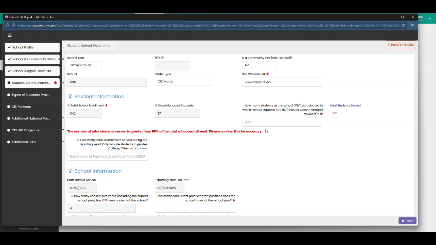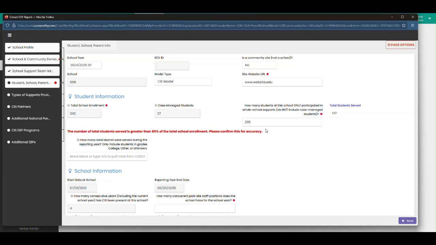For any individual tier 1 support, there's going to be some students who miss it, some students who are absent, right? So they've unfortunately put a threshold in here for if you're reporting more than 80% of your total enrollment served with tier 1 supports, it's going to give you this flag and it's just going to make sure that you know that we need to be accurate.